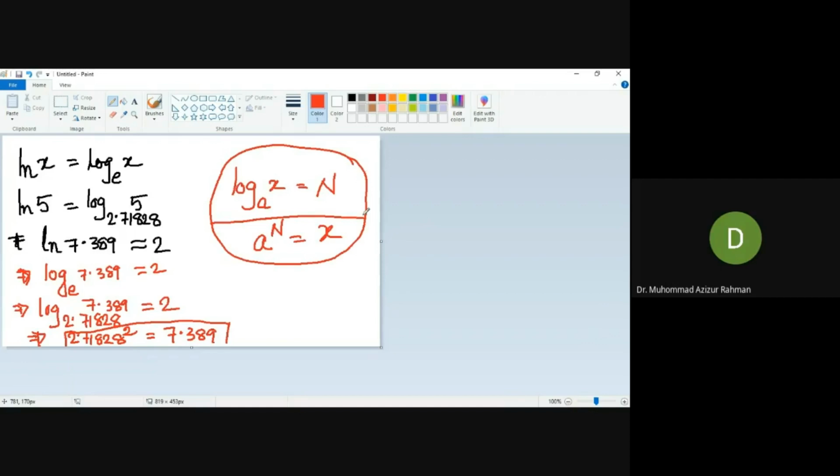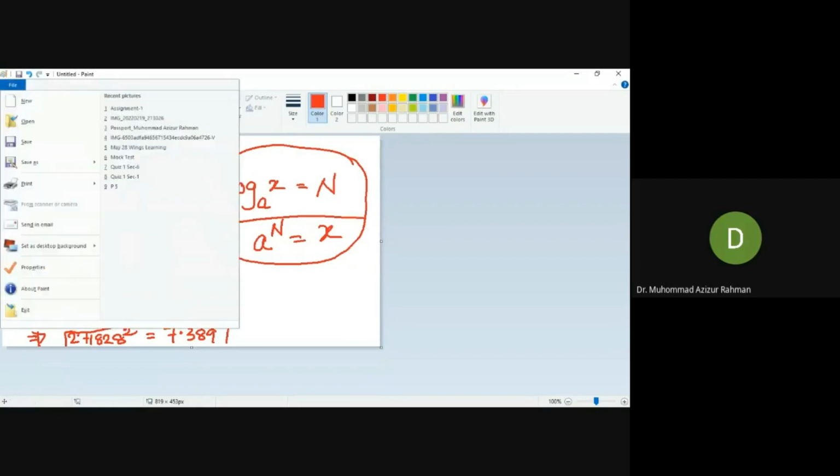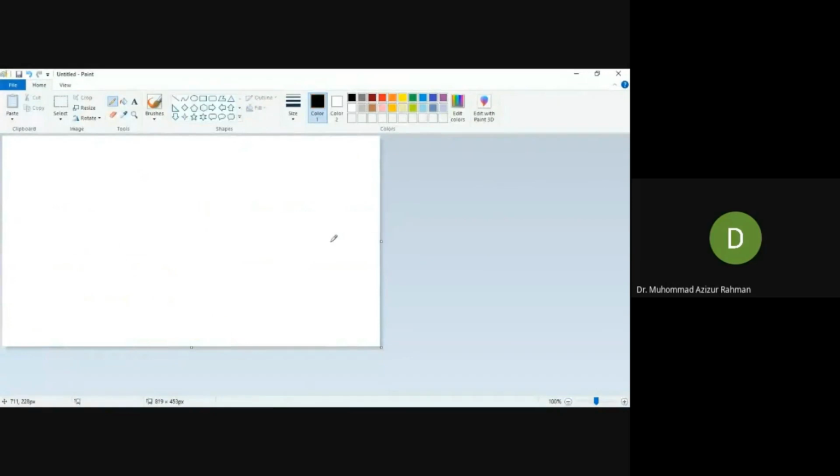It is on page number 372. In section 5.7 there is a problem set.